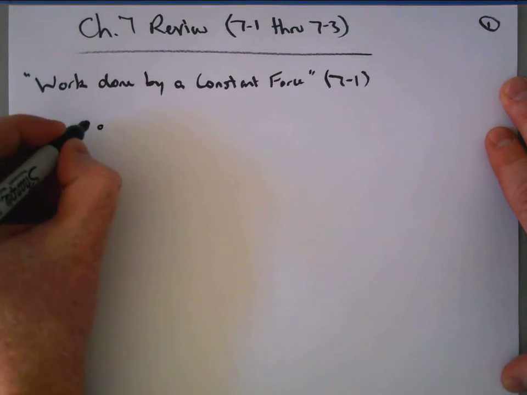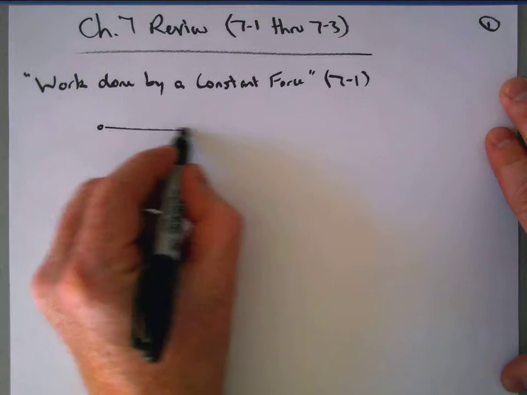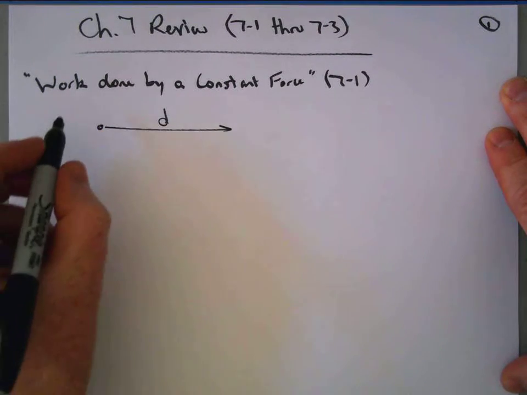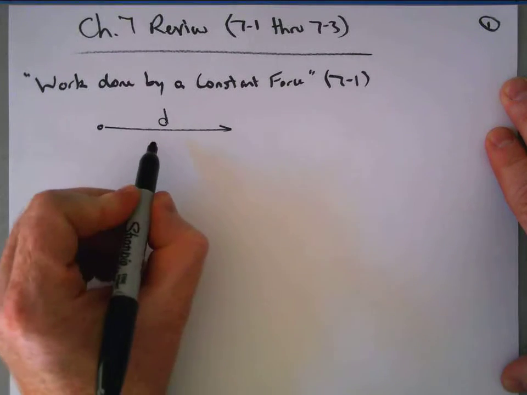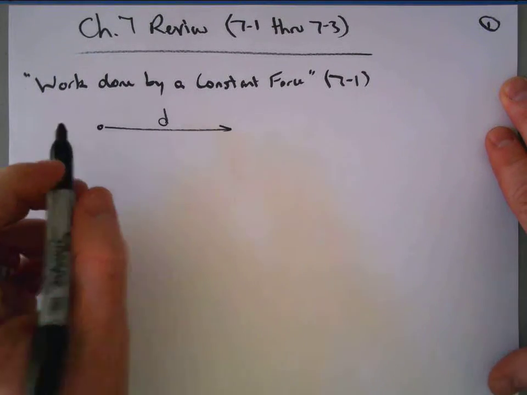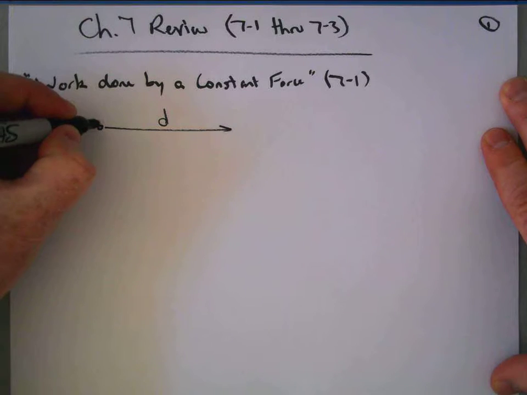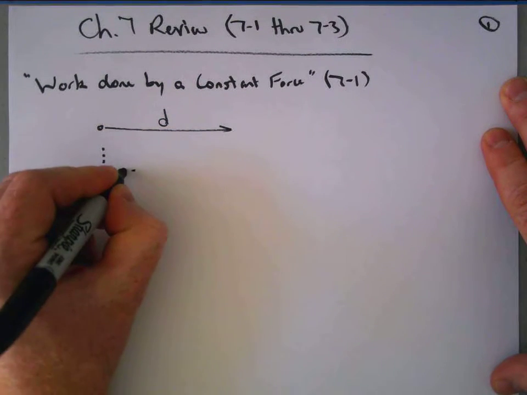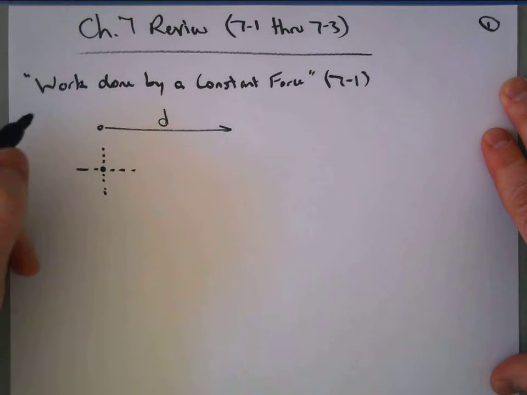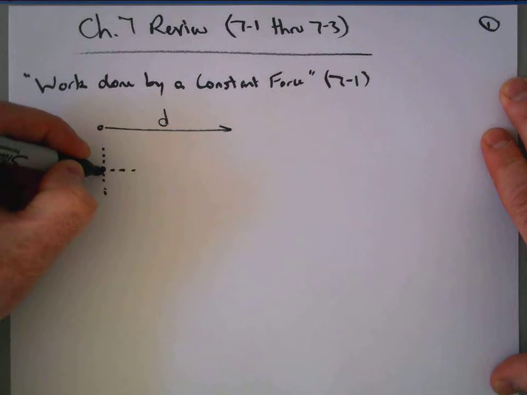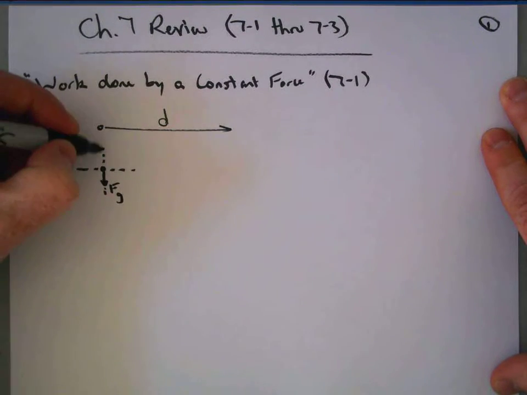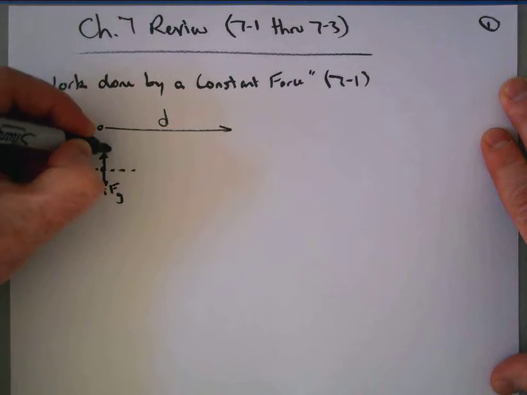We have any object, whatever it is. Let's say this object will move a certain distance, and while it's moving through this distance, various forces may be applied to it. If we were to look at a free body diagram, this object might be sliding on a surface, and it's got weight in the downward direction, and a normal force in the upward direction.